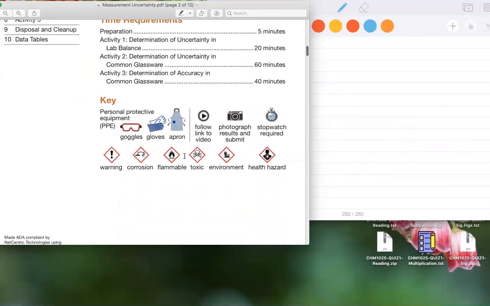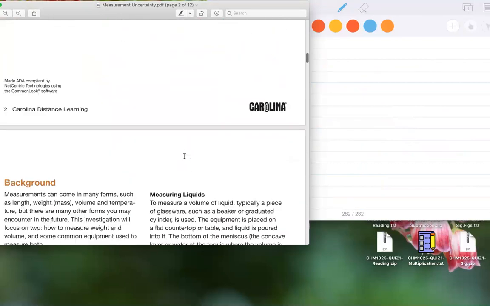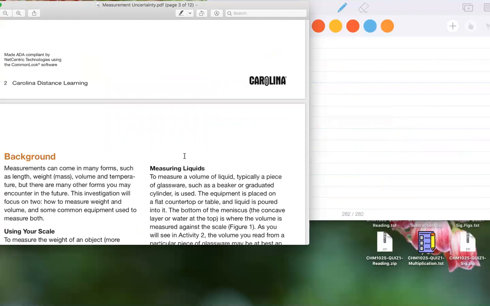Now, before we look at the experimental setup, I want to look at the concept of significant figures before we look at how to complete today's lab. Throughout this course, you will be multiplying numbers, dividing numbers, and adding numbers.